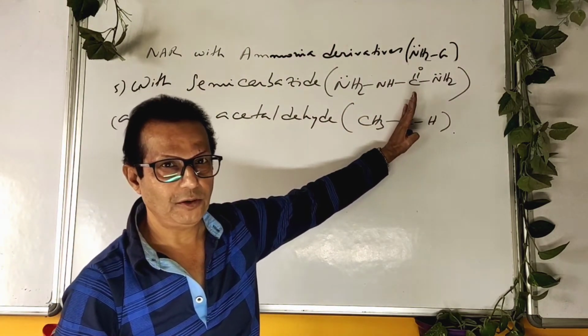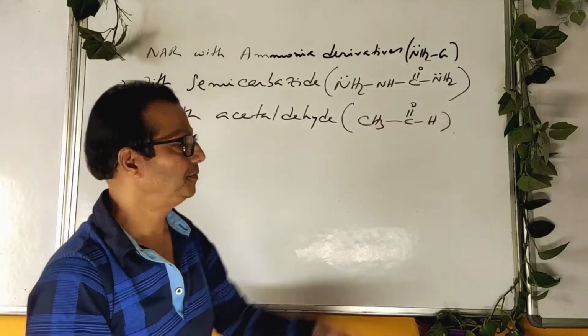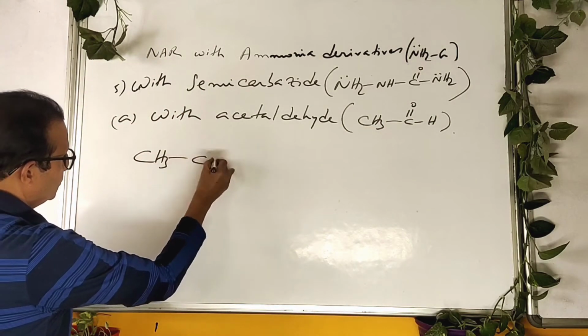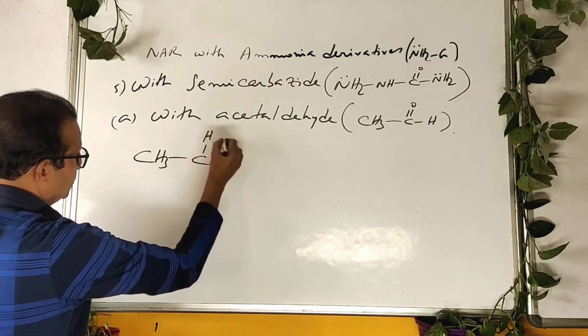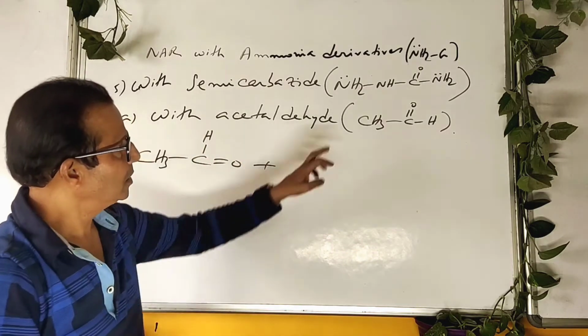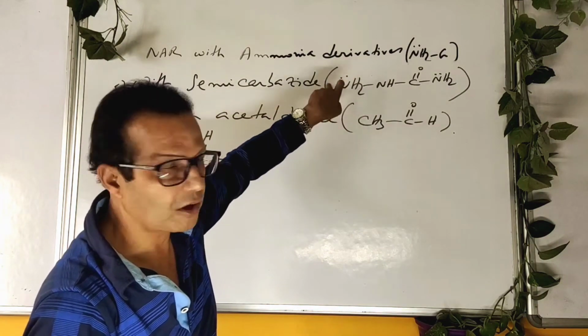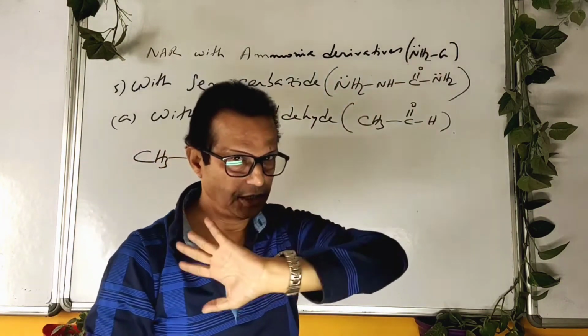Write C double bonded O straight away here. Just bring the hydrogen of the left NH2 group in front of nitrogen. That's the technique. Rest, don't touch.